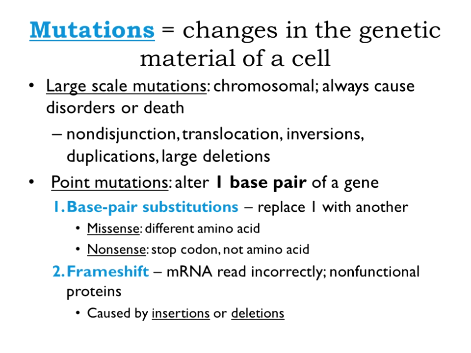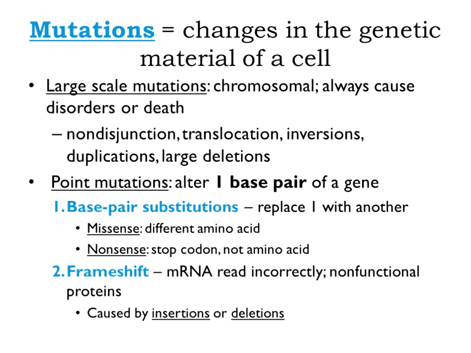So instead of, say, valine, it codes for leucine, which may affect the overall protein that is formed and the functioning of that protein, but it's not necessarily going to cause death. A nonsense base pair substitution is where that replacing of the nucleotide is going to actually cause a stop codon where it shouldn't be, or does not code for an amino acid.